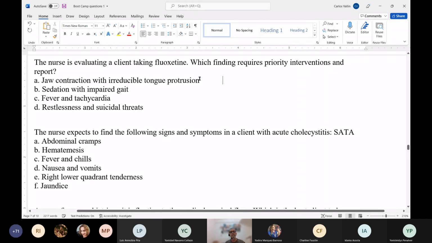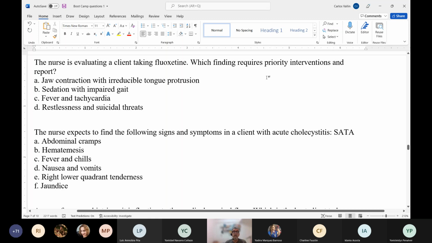So now you need to be able to differentiate an antipsychotic, for psychotic patients, versus somebody that is depressed. When you are depressed, you can have suicidal ideation. And when you are taking an antidepressant because you are depressed is when you can have the suicidal risk.